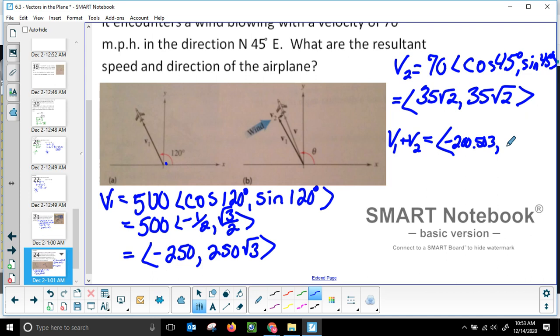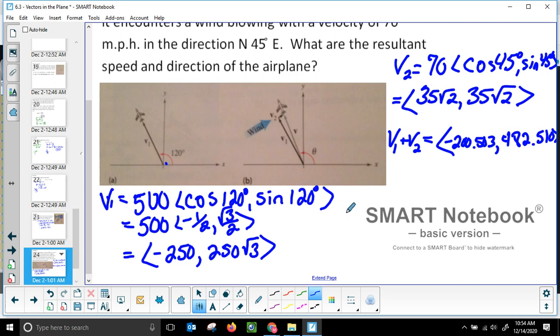And then 250 times the square root of 3 plus 35 times the square root of 2 is going to be 482.510.